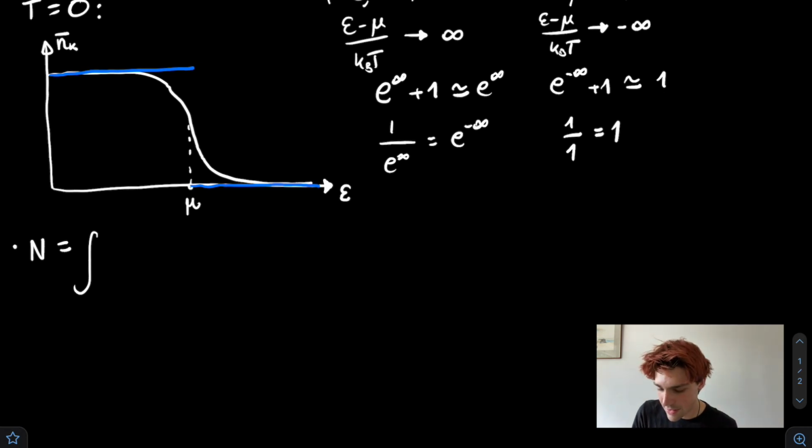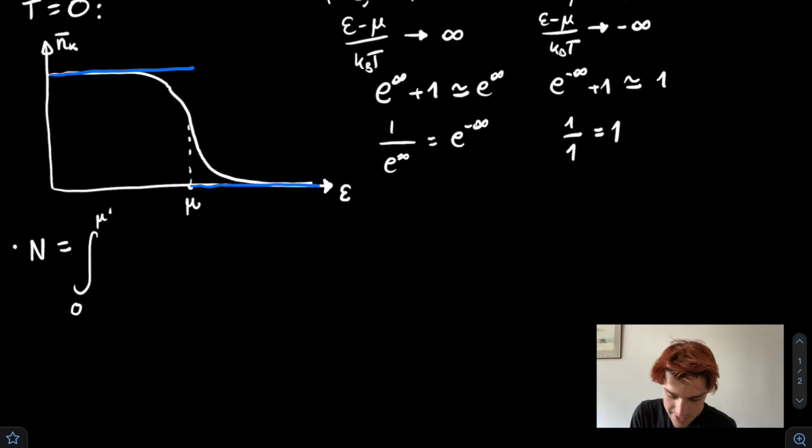Now, let's go ahead and think about what the limits are. What we said was we're going to have all the states being fully occupied up to this cutoff right here. So we're going to start at 0 energy, and let's call this cutoff chemical potential mu dash just for now.